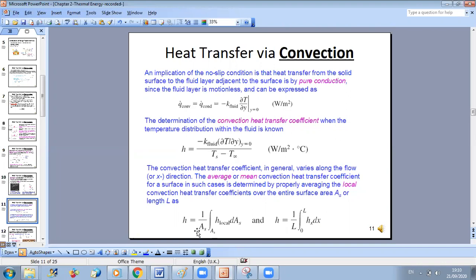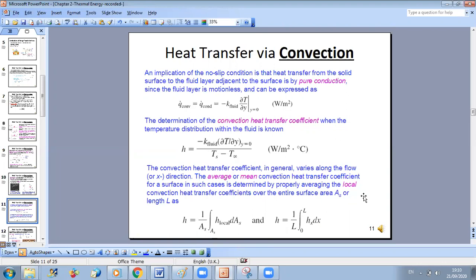Okay? So this is an averaging technique to find the average value of h. So the average or mean convection heat transfer coefficient for a surface in such cases is determined by properly averaging the local convection heat transfer over the entire surface area.